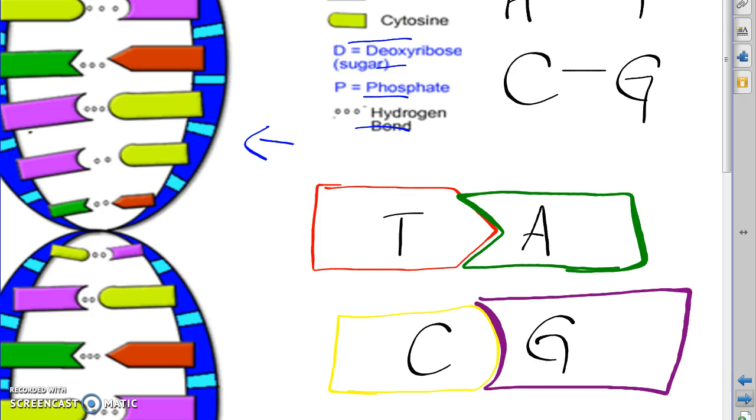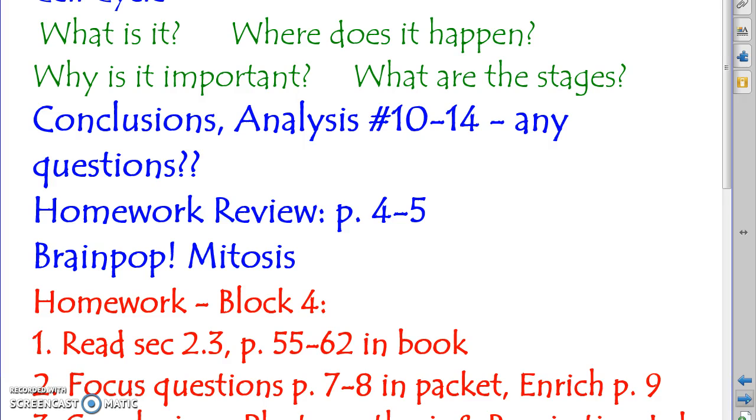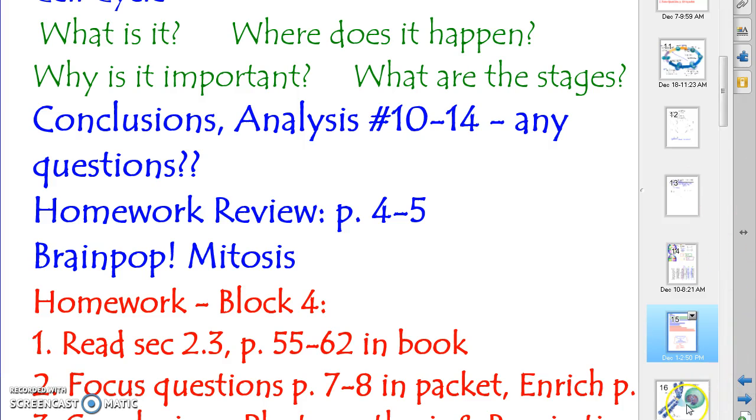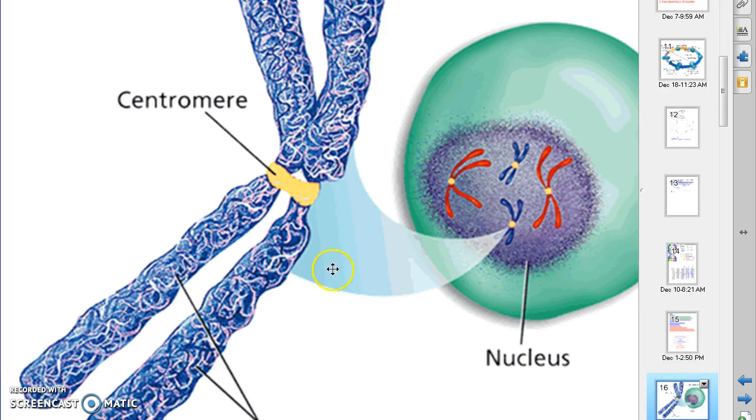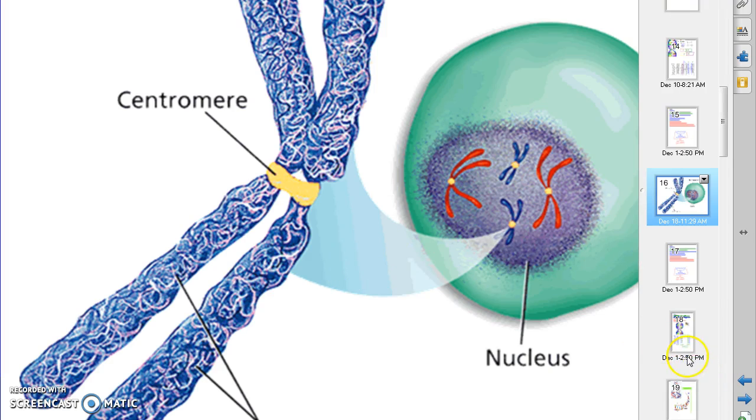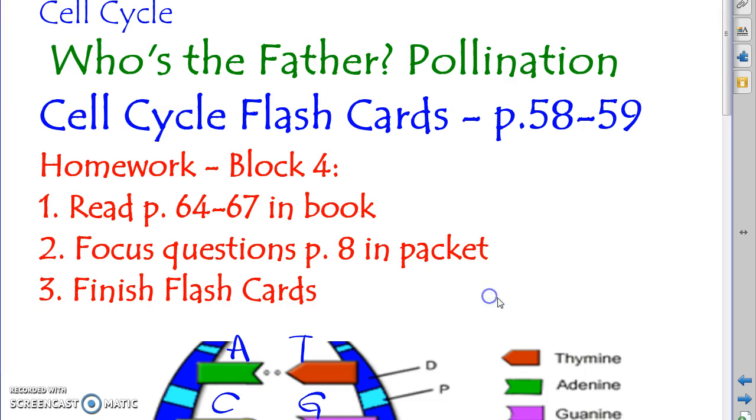So one last thing just to reiterate why DNA copies are so identical to each other has to do with the idea that the DNA, when it goes to make a copy of itself, will actually begin to split apart.